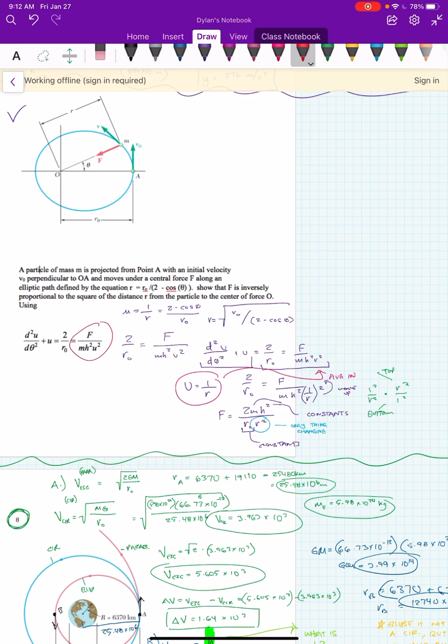So I have 1 over R squared in the denominator. I manipulated the equation and brought that up top so that I didn't have a fraction in the denominator.